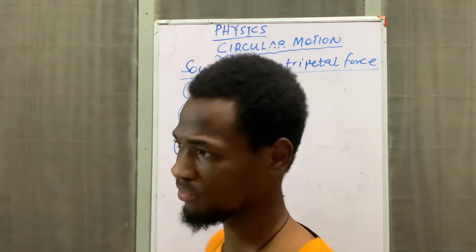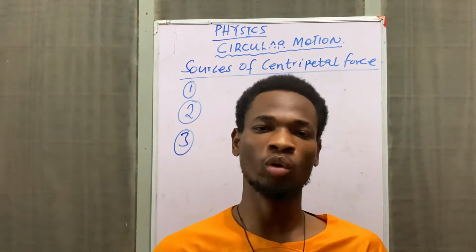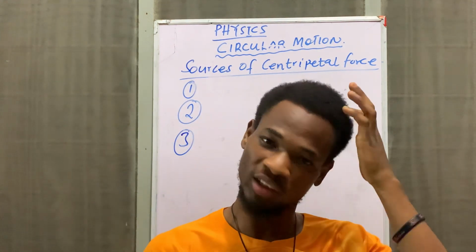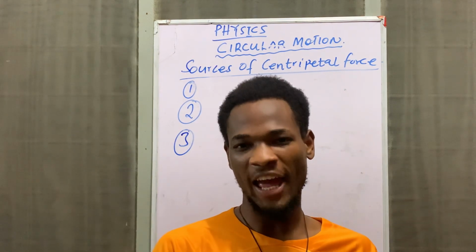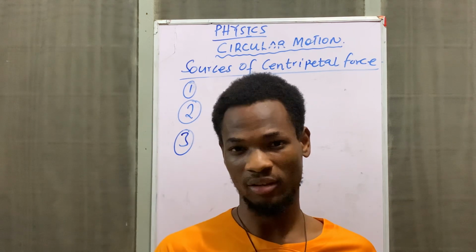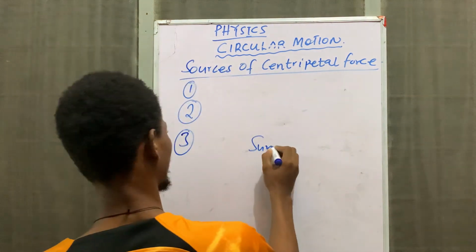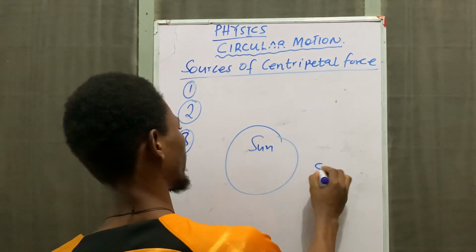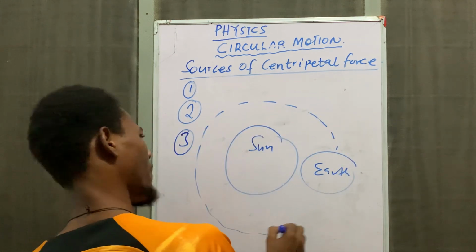Number 3. Let's say we said an example of a circular motion is the earth revolving around the sun. Are you okay? Now you have the sun over here and you have the earth over here trying to move about.